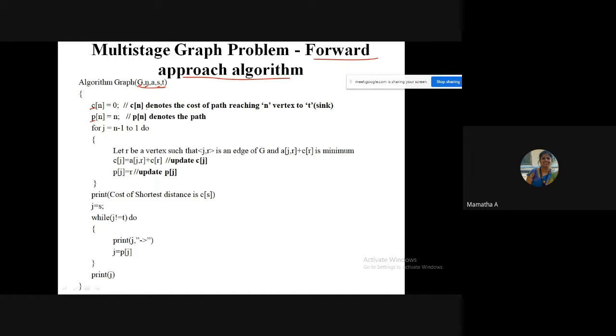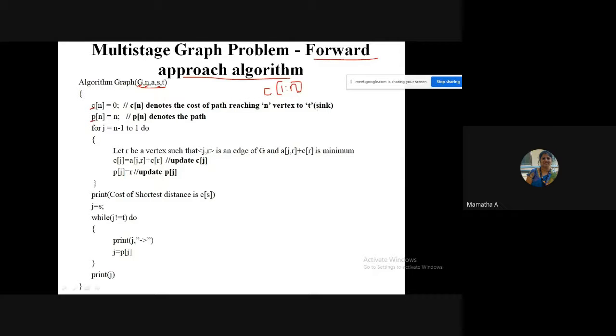C will be of size 1 to n, where n is the number of vertices. Okay, 1 to 5, 1 to 6, like that. So C of any vertex denotes the cost of the path reaching from that particular vertex to the sink node. Sink node is the T node.